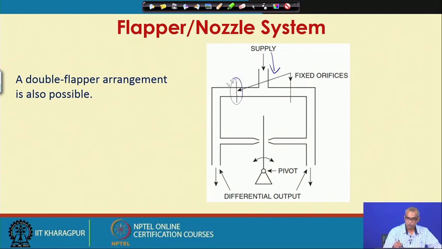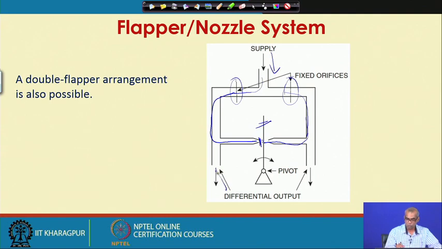We have two fixed flow restrictions. The supply pressure goes through this fixed restriction and through this nozzle, and you have a flapper here. So, this gap is variable. Similarly, this is the fixed flow restriction and this gap is variable.